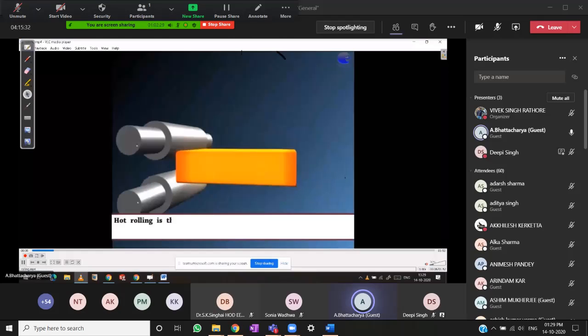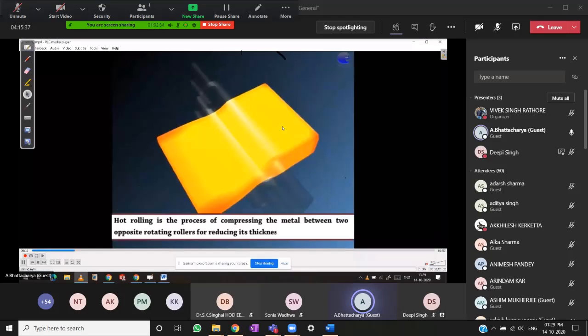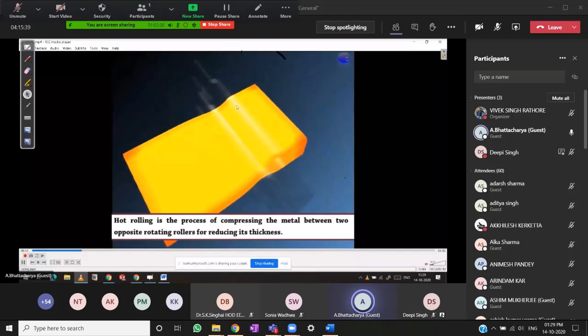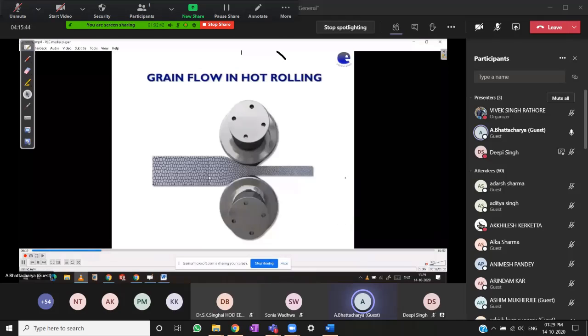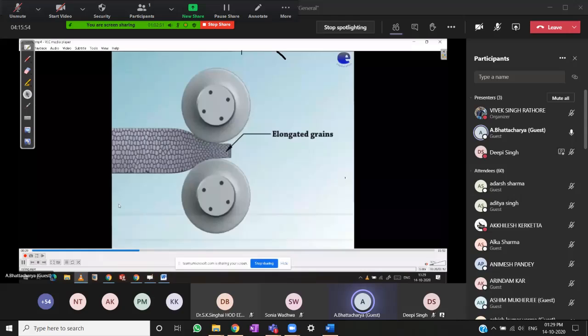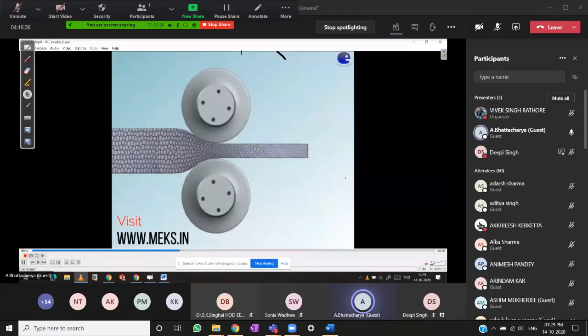Here you can see the hot slab is rolled and the length increases, the grain structure becomes refined. You can see the grain structure becomes refined here. So it improves the mechanical strength also, and the length also gets increased. You can see.